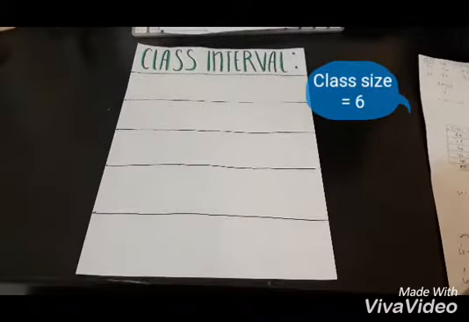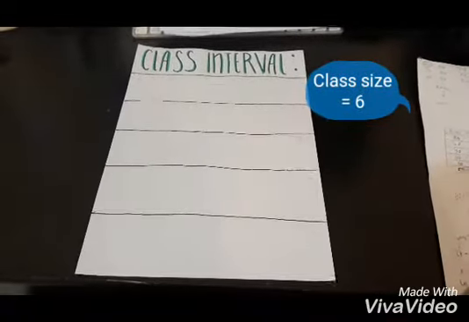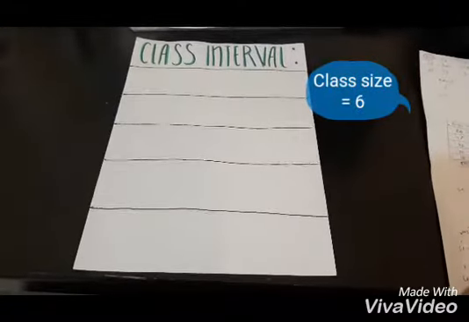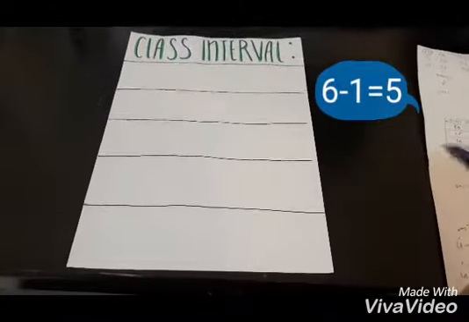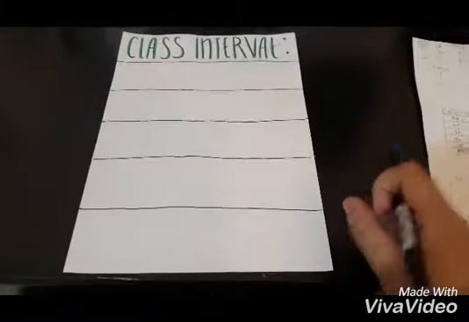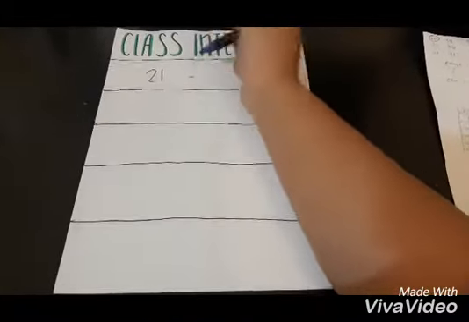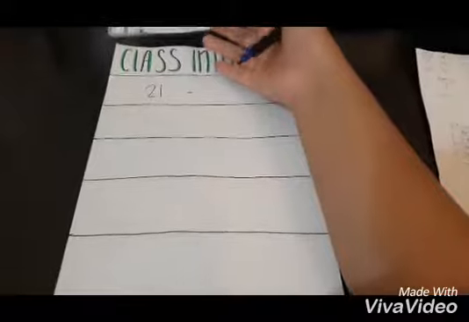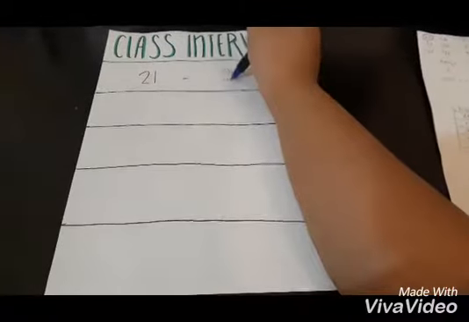So after getting the class size, we need to minus that by 1. So 6 minus 1 is 5. So we are going to start with 21, and then we are going to count to 5. So 22, 23, 24, 25, 26. So we have 26.